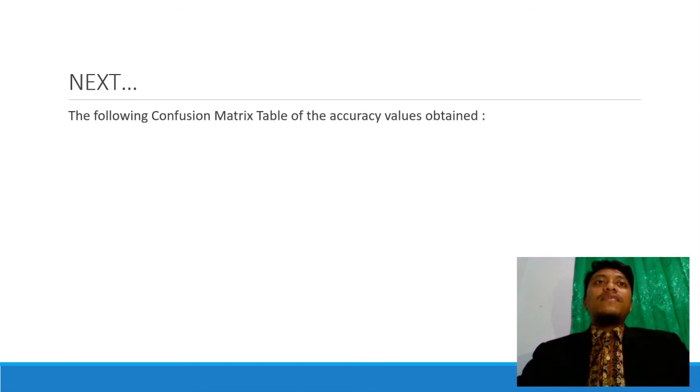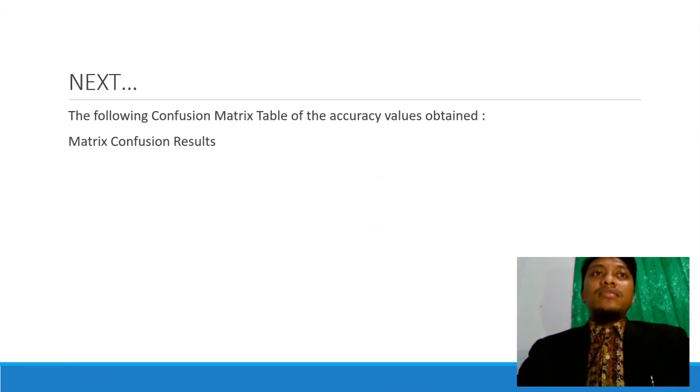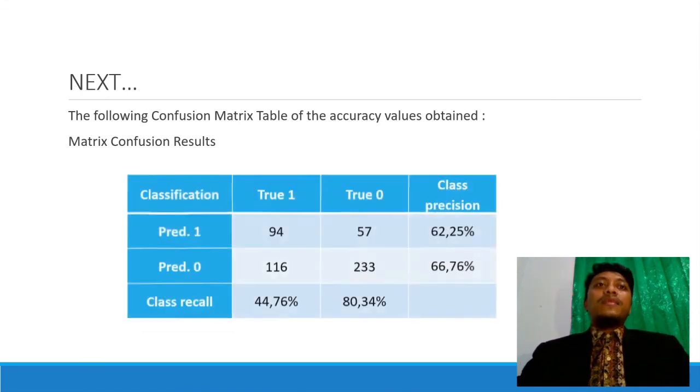The next, the following confusion matrix table of the accuracy value obtained. Matrix confusion result.